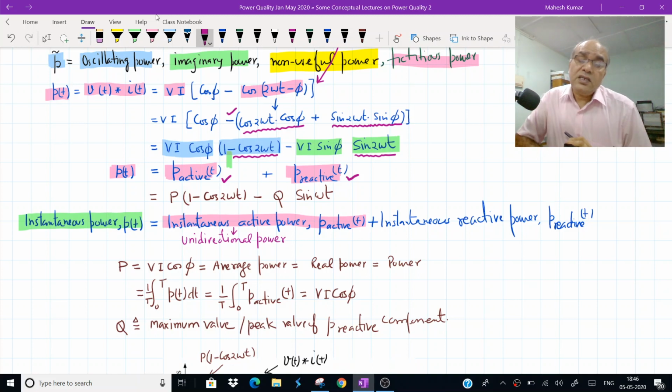Now, what is the criteria of calling them active and reactive power? What is the basis of that? Can I call it the other way, the first one reactive, the second one active? Why suddenly do I have the idea of active and reactive components?